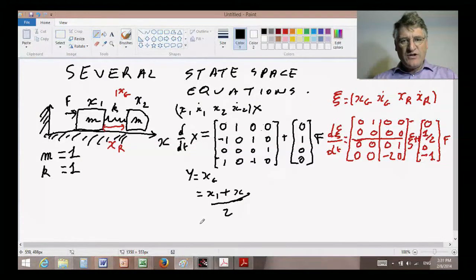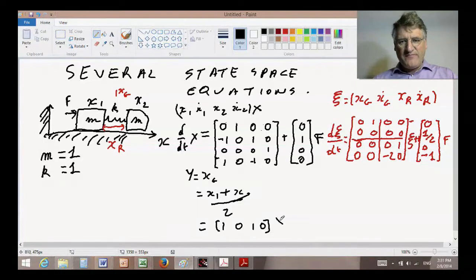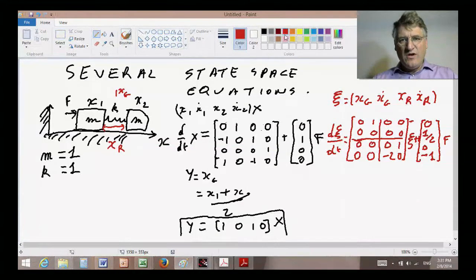And therefore, in that notation, y is equal to 1, 0, 1, 0 times x. Here, y is simpler because y is equal to xg. Therefore, y is equal to 1, 0, 0, 0 times c.